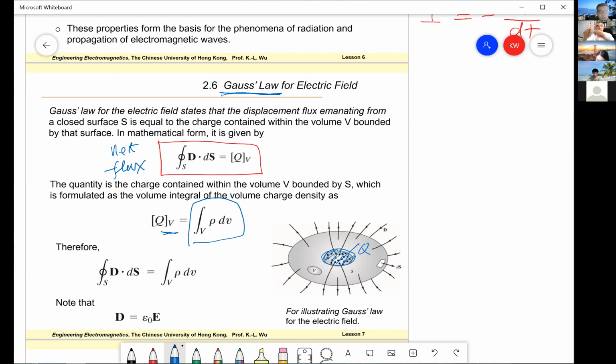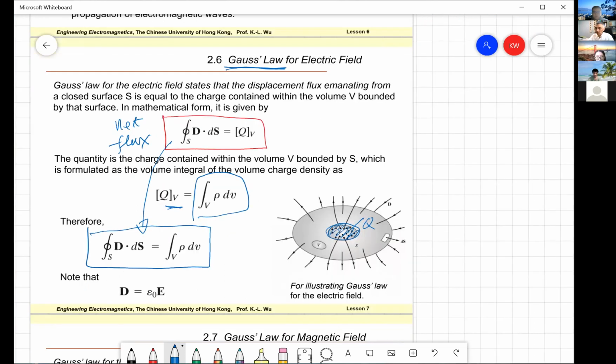If this is a perfect conductor and charge only exists on the surface, then we do the surface integration. Whatever means we take, we collect the total charge. So we can write this law in the integral form, a more generalized integral form. This is Gauss's law for the electrical field.